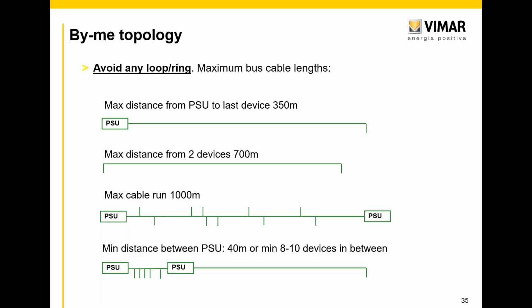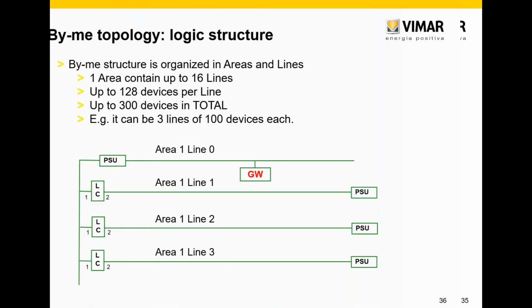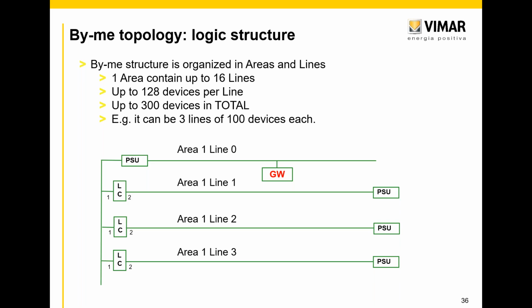Maximum cable run, 1000 meters. Minimum distance between power supplies, 40 meters, or some devices in between, in order to prevent any loop among power supplies. They get burned, so be careful not to connect power supplies immediately in parallel.